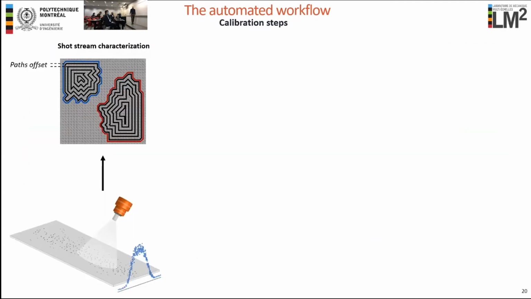Now, talking about the calibration of our automated workflow, which is essential to make everything work. The first stage of the calibration is to define the offset between the parallel paths of the peening nozzle. To do this, we take a flat dummy specimen which has a very clean reflective surface, and we treat it with one passage of the peening nozzle. Then we scan it with a simple document scanner.